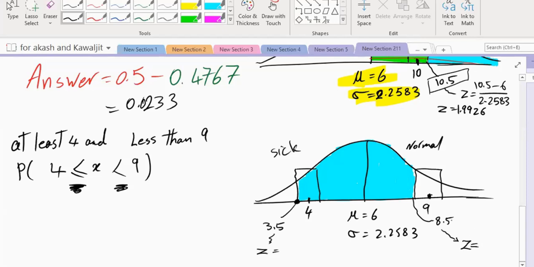Please tell me the Z for 8.5. 8.5 minus 6 gives 1.1070. And what is the Z for 3.5?